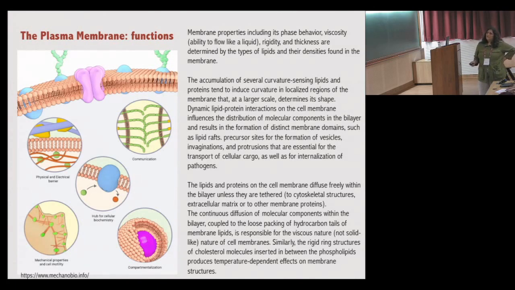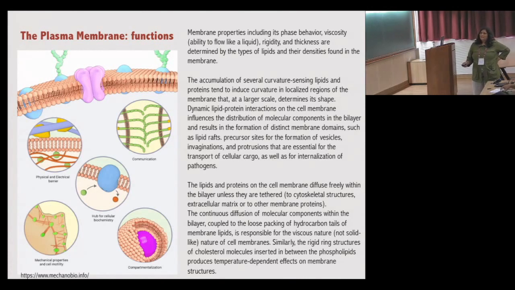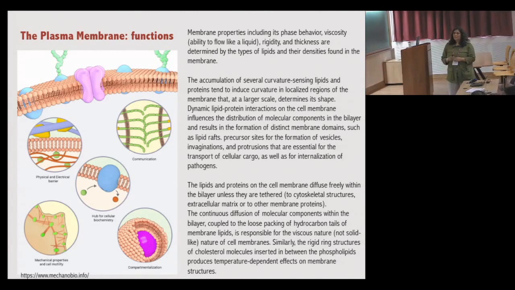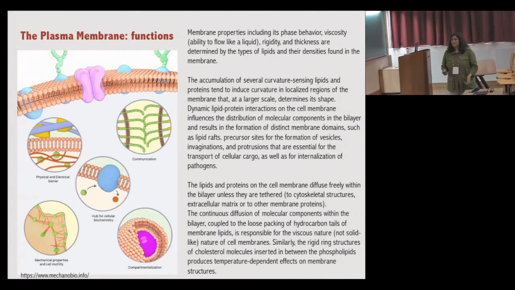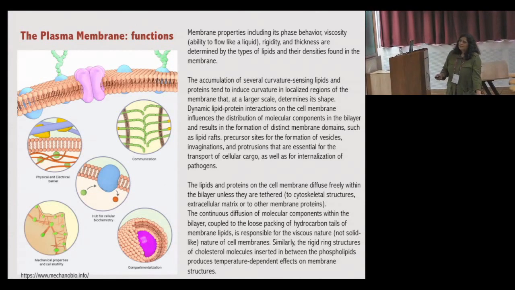It can be thought of as a hub for biochemistry that happens inside the cell. It is a location within the cell that allows the cell to modulate its mechanical properties. And it also acts as a way by which you can compartmentalize biochemistry, either on the large surface of the plasma membrane or in small compartments inside the cell.